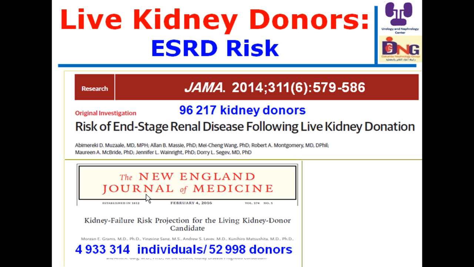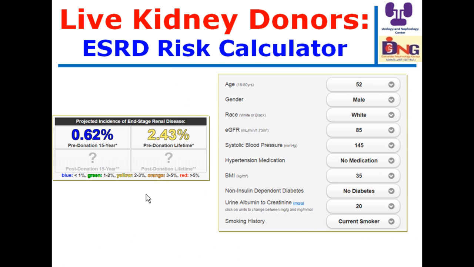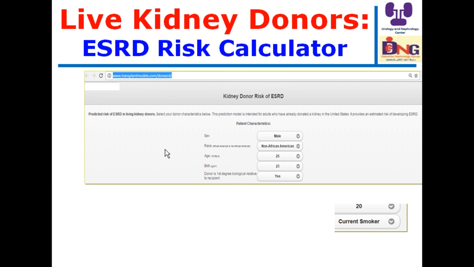And after evaluating all this data, there is a very smart tool for predicting end-stage disease, just to apply in this calculator by putting the age, gender, race, estimated GFR, systolic blood pressure, hypertension medication, body mass index, non-insulin dependent diabetes, urine albumin creatinine ratio, smoking history. If you put all these data, and this is the data of the patient, you'll find the 15-year projected incidence of end-stage kidney disease is 0.6%, and the pre-donation lifetime risk is 2.4%.